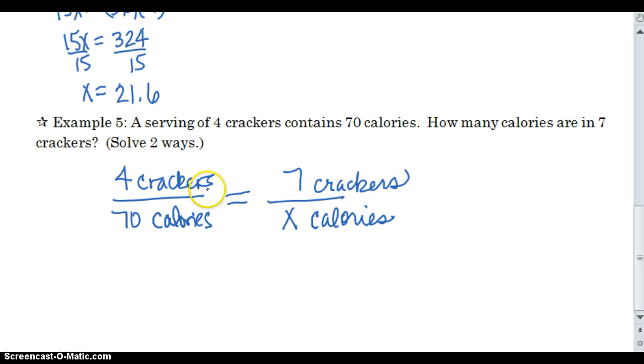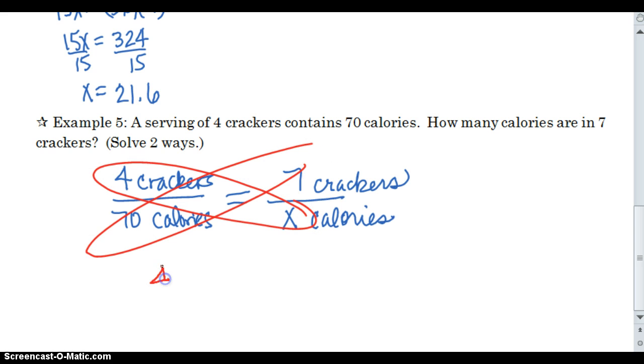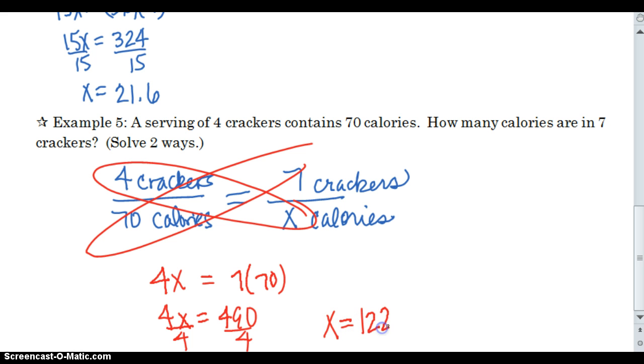So we're comparing crackers to calories, and I need to find out what X should be. So here I go. I'm going to cross multiply: 4 times X equals 7 times 70. So 4X equals 490. Divide by 4, and X is how many calories? It's 122.5 calories in 7 crackers.